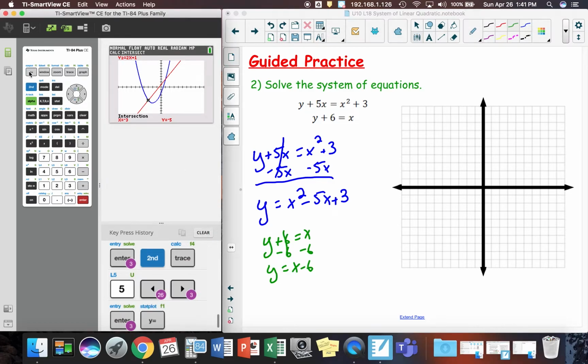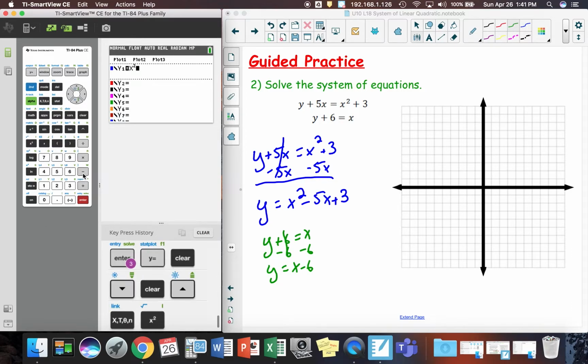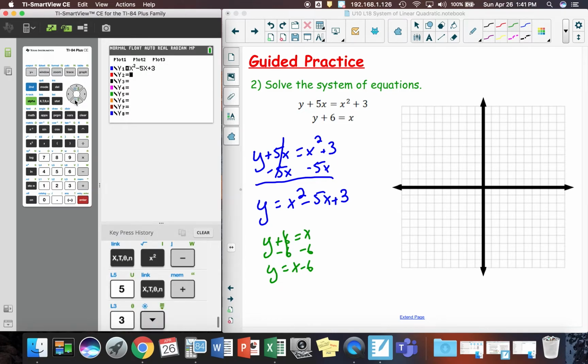So let's do that now. I go to y equals and I clear everything out. I type the first equation into y1, which is x squared minus 5x plus 3. And the second equation, I type in x minus 6.